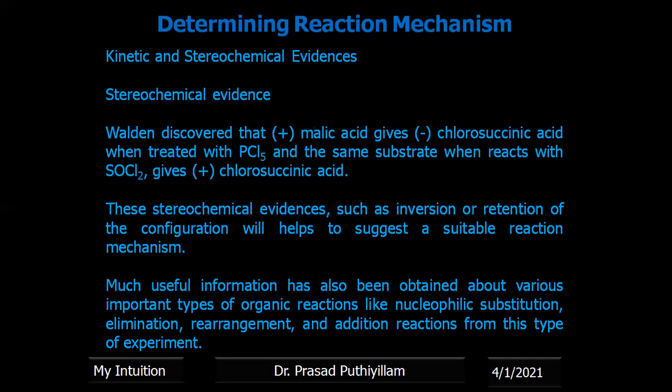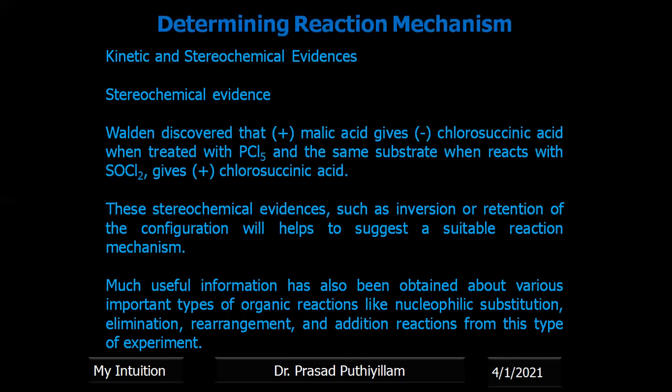In the first case, it is the negative chlorosuccinic acid. That means we can check the attack of the attacking reagent, that is chlorine. In this case it attacks either from the back side or the rear side of the molecule, and the proper reaction mechanism can be proposed from the stereochemical evidence.